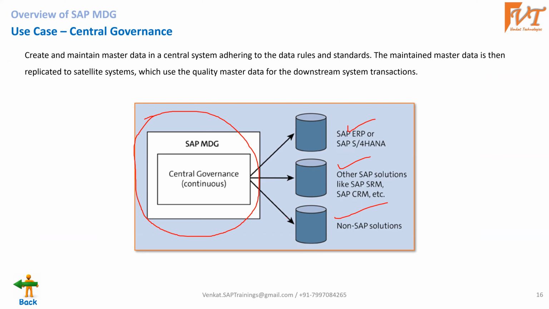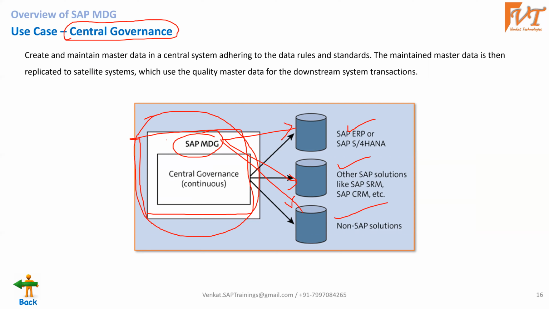So now the data will be maintained in MDG. And the master data maintained in MDG can be shared with the connected systems. This is called central governance.